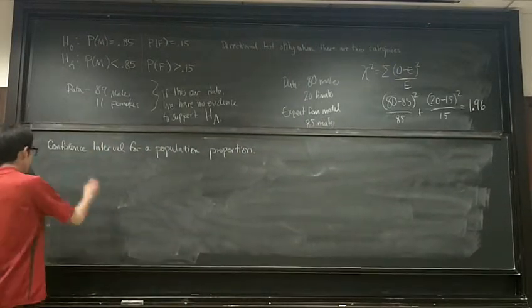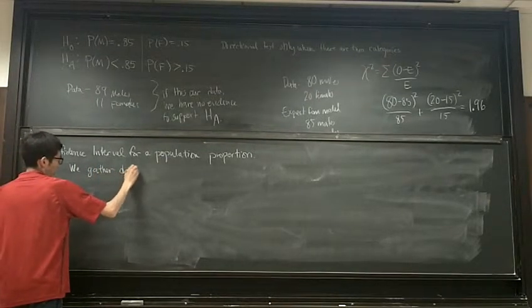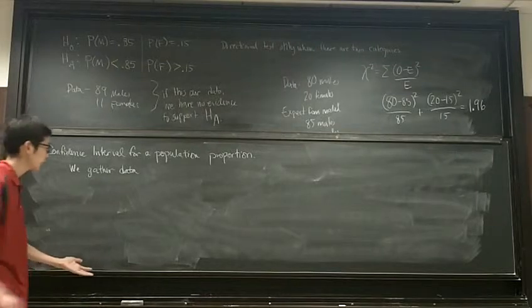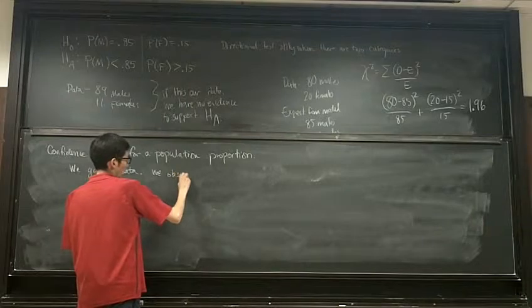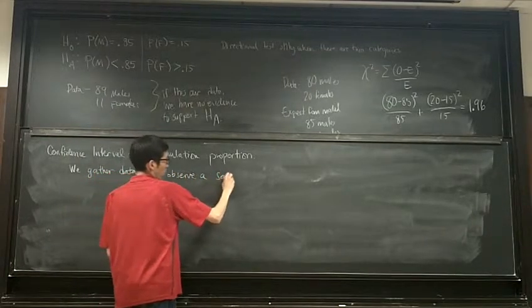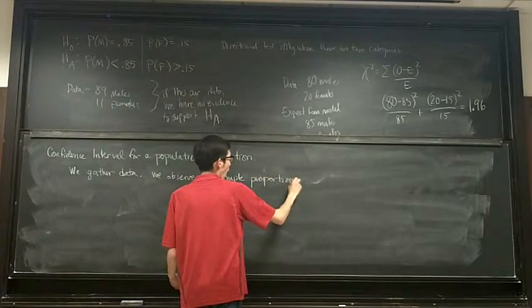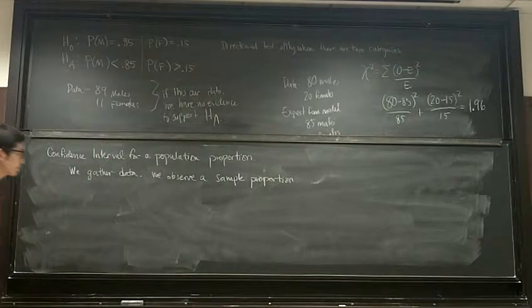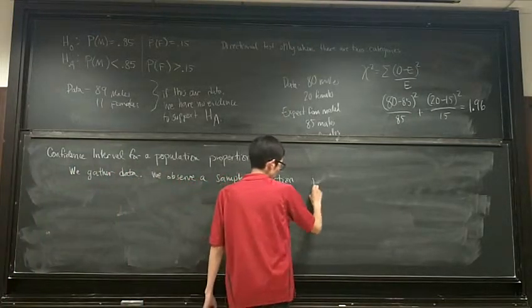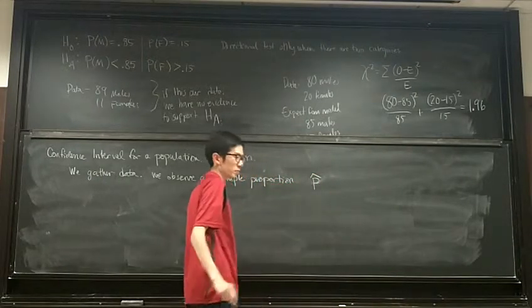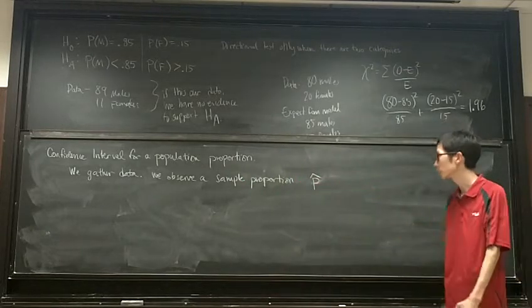So here we gather data and observe a sample proportion. That sample proportion is p tilde, and from there we create a confidence interval.